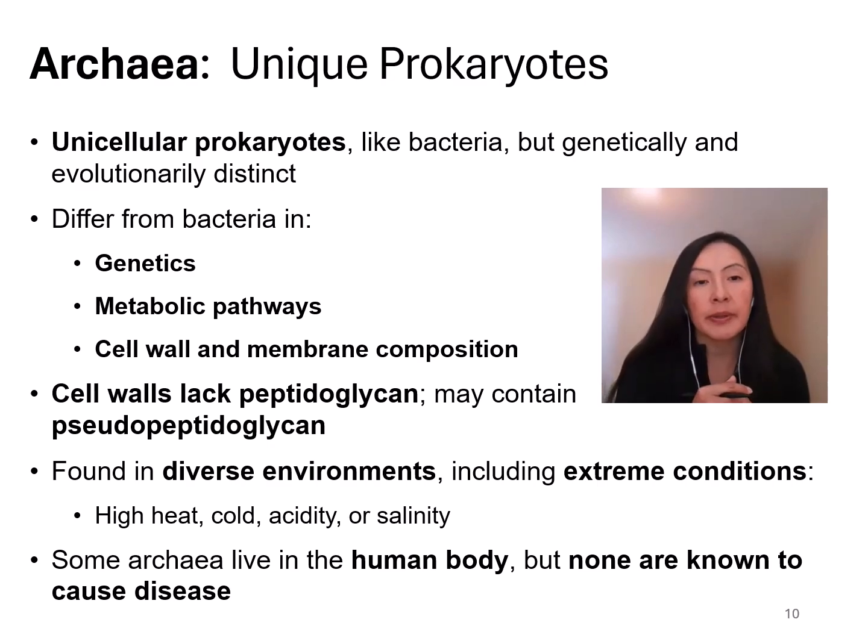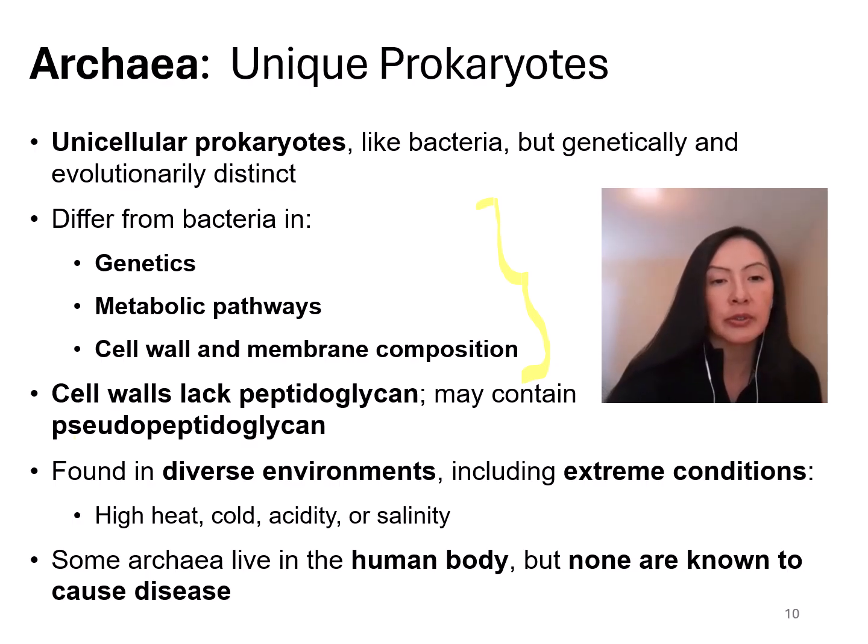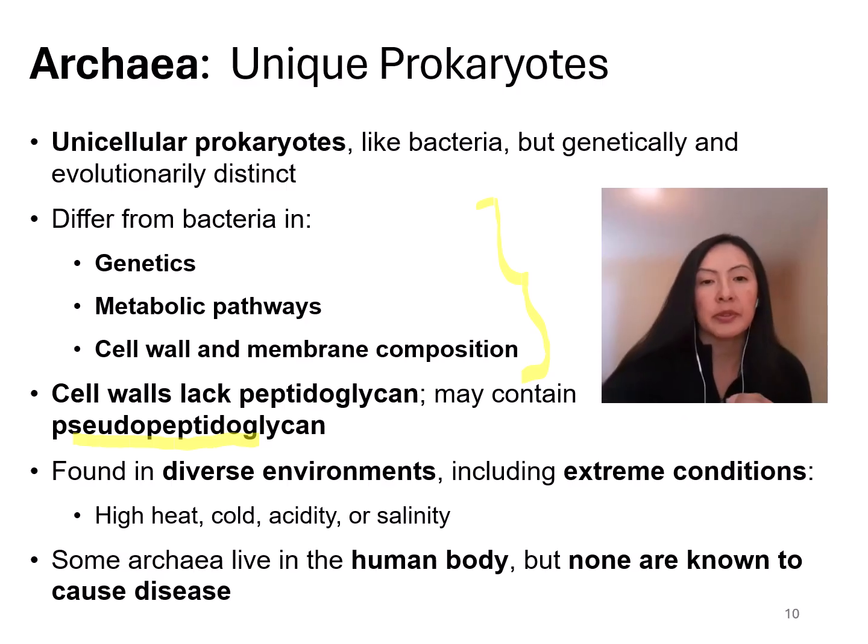They differ in their metabolic pathways as well as their cell wall and cell membrane composition. They don't have the peptidoglycan that we see in bacterial cell walls. They might have something slightly similar, though, called pseudopeptidoglycan. Okay, so they do not have peptidoglycan.